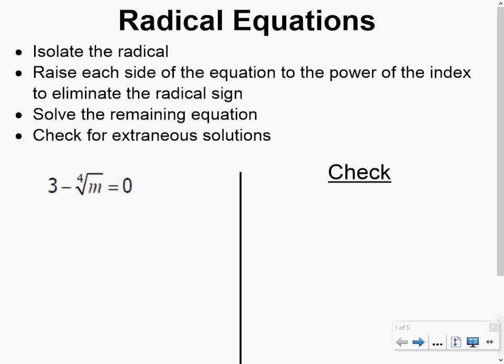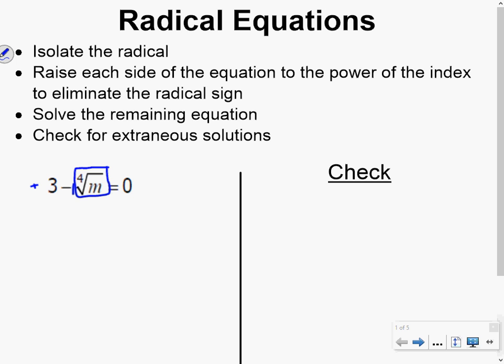a few examples. So the first thing that we want to do is we want to isolate the radical expression. So if you're looking at this example below, the radical would strictly be the fourth root of m here. There's a 3 in front that's a positive. And then technically this is like a -1 that you can think of that's being multiplied by that radical.